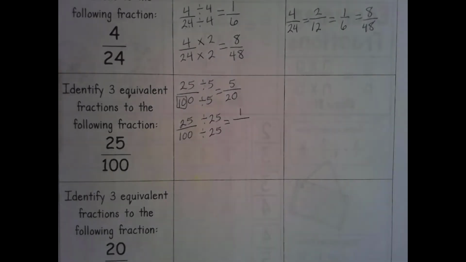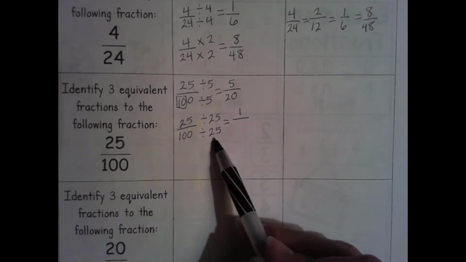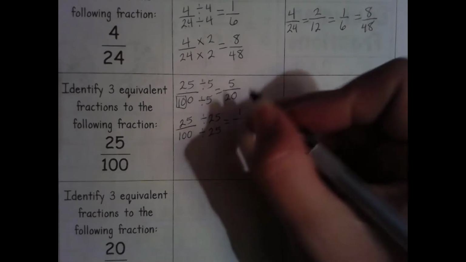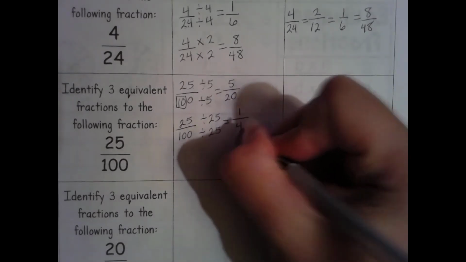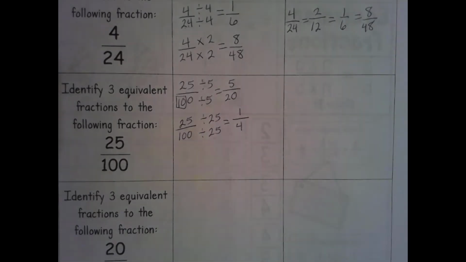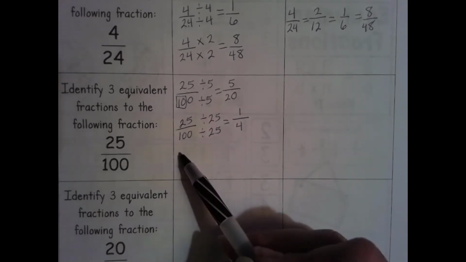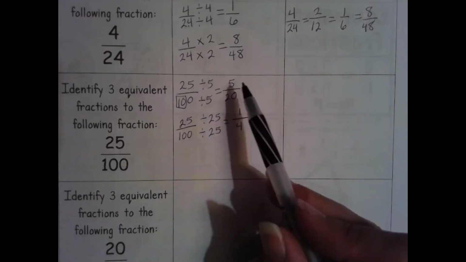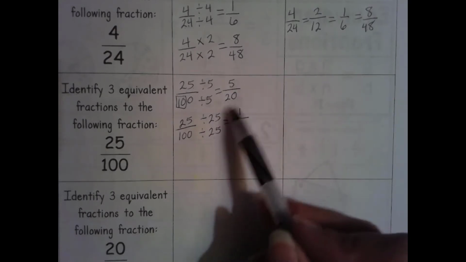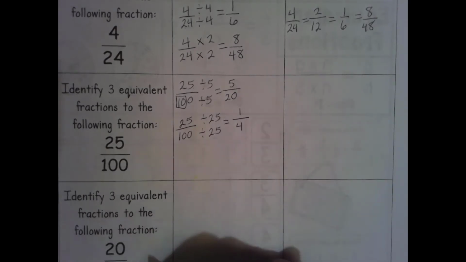I can get one group of 25 out of 25. And if I think of quarters, how many quarters are in a dollar or 100 cents? There are 4. 1/4. 25%. 5/20ths, they're all that 1/4.